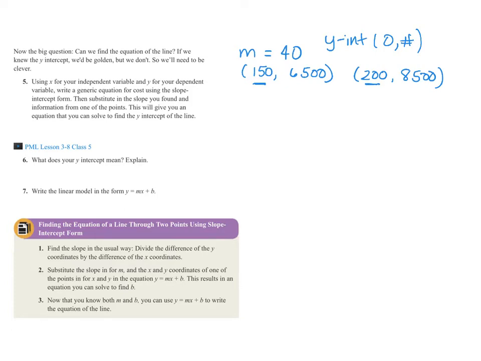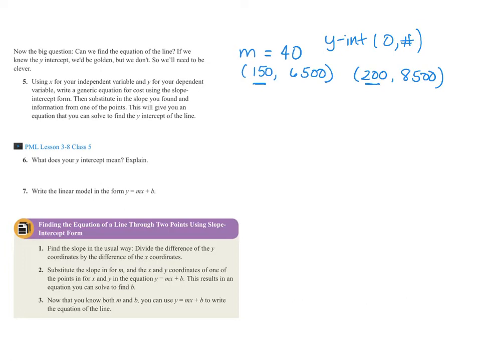So it says using x for your independent variable and y for your dependent variable, write a generic equation for cost using the slope-intercept form. Then substitute in the slope you found and the information from one of the points.